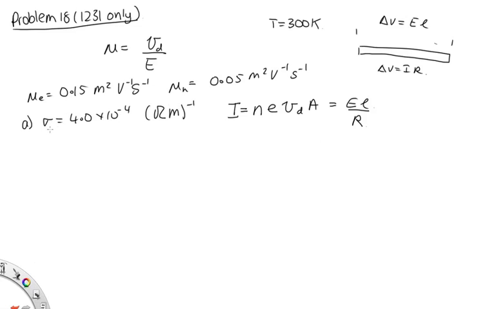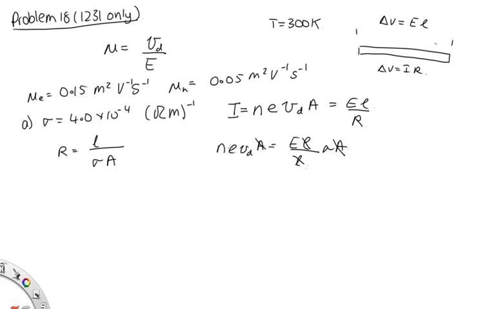This is our conductivity here, and we have that the resistance is equal to the length over the conductivity times the surface area. So let's substitute this into here. So we've got nevA is equal to EL on R, which is L sigma A. So you can see our A's will cancel out, our L's will cancel out.